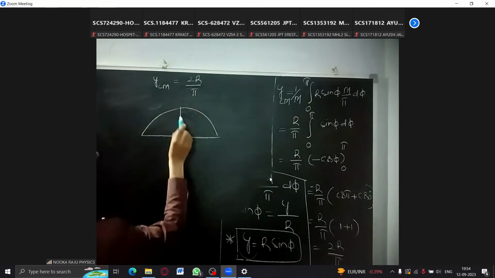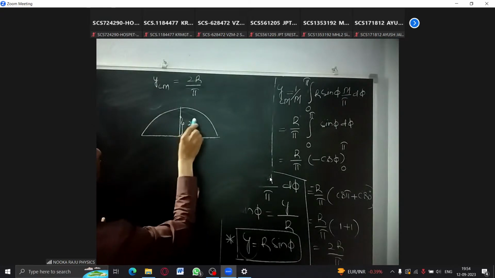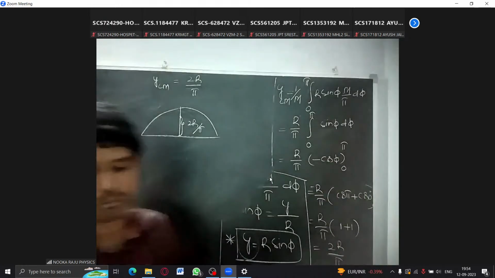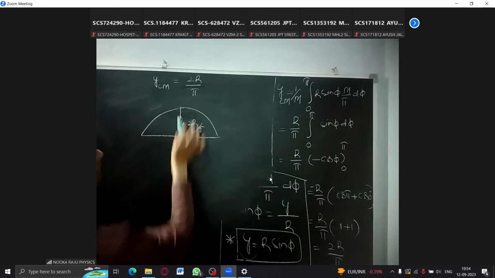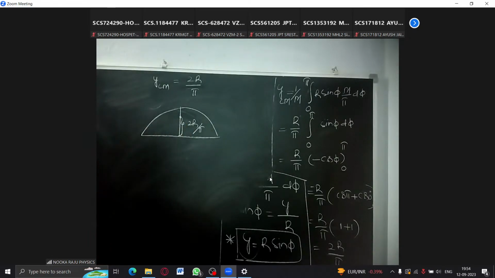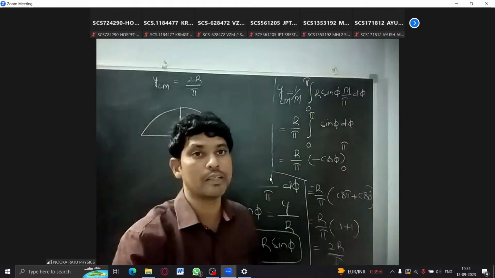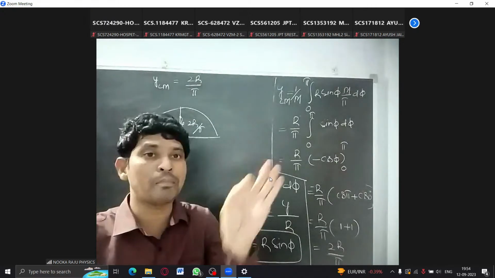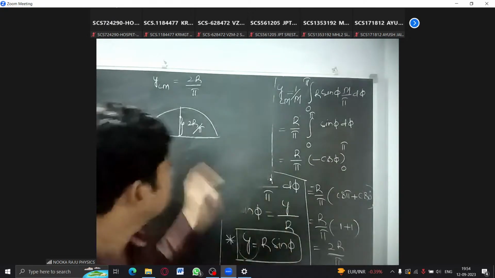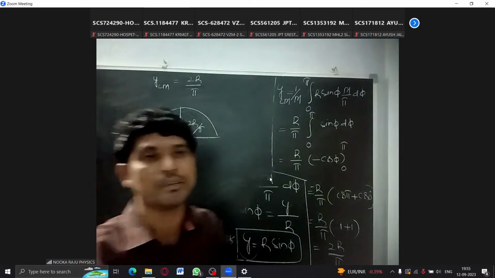So this is the 2r by pi, the height along the y-axis. This is the center of mass of the given semicircular ring. Where is the center of mass located on the semicircular ring? At a height of 2r by pi.